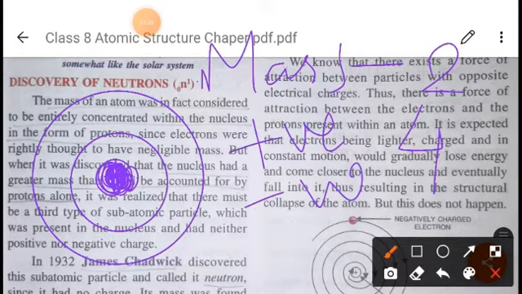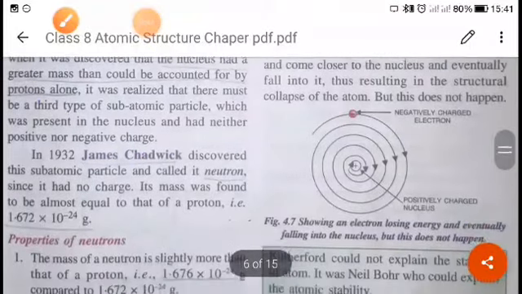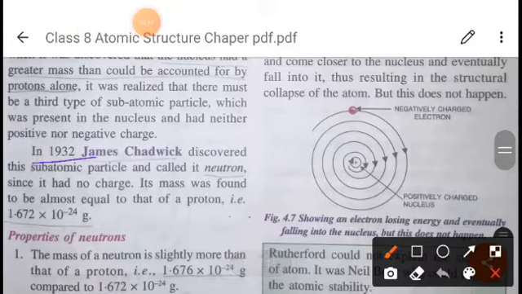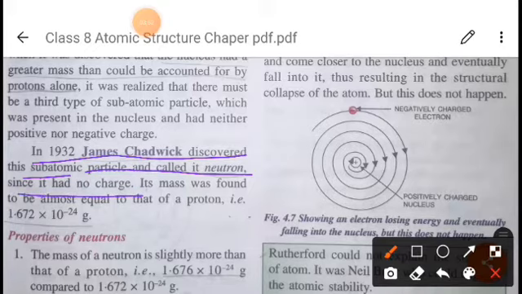As we have seen, protons are positively charged and electrons are negatively charged, but the third particle present in the nucleus is neither positive nor negative. Then James Chadwick, in 1932, discovered these subatomic particles called neutrons. Since it has no charge, its mass was found to be 1.672 into 10 to the power minus 24 gram.